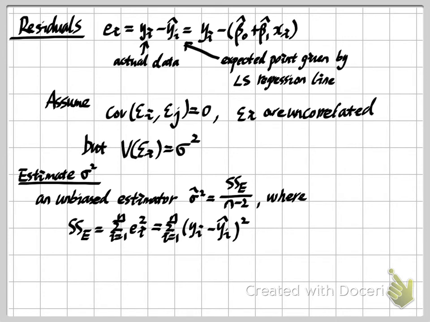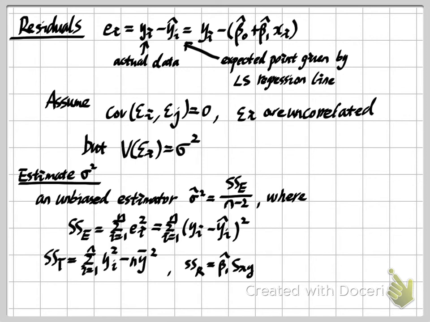Besides this SSE, we have two more equations here. One is the SST, which is about the difference of our y. This is the sum of y square minus n times the square of the sample mean of y.